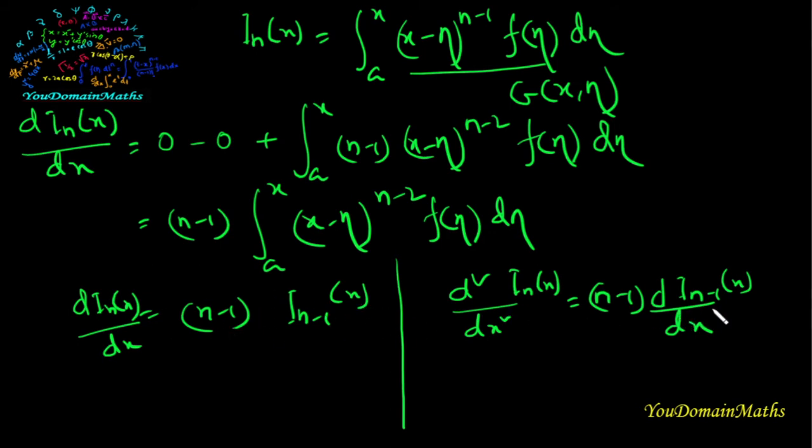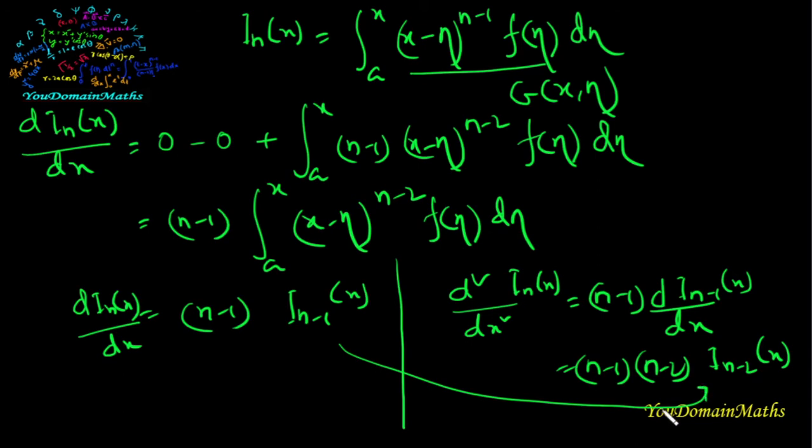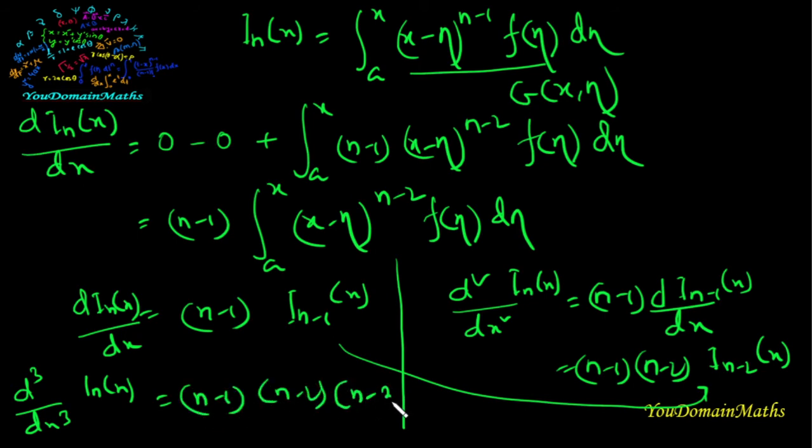These results can be applied here, so we get (n minus 1)(n minus 2) I_{n-2}(x). If we differentiate a third time, then d cube I_n(x) over dx cube equals (n minus 1)(n minus 2)(n minus 3) I_{n-3}(x).